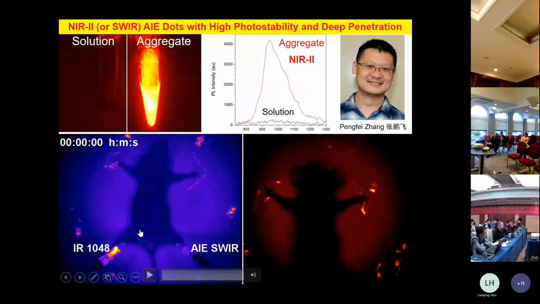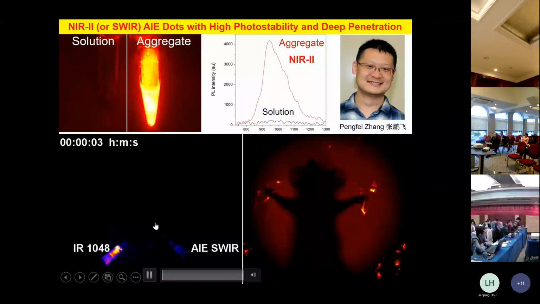Now, if you inject it into the mouse body, the fluorescent dyes will aggregate. Here our aggregate is very emissive. This aggregate is not emissive, and actually as time goes by, this will become weaker and weaker.